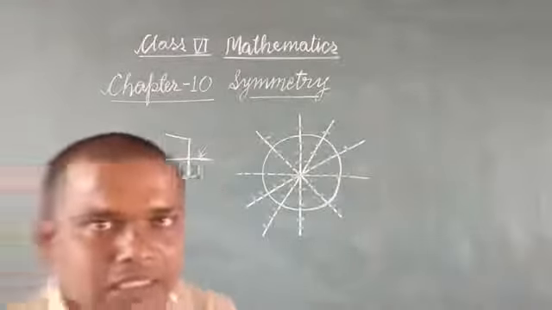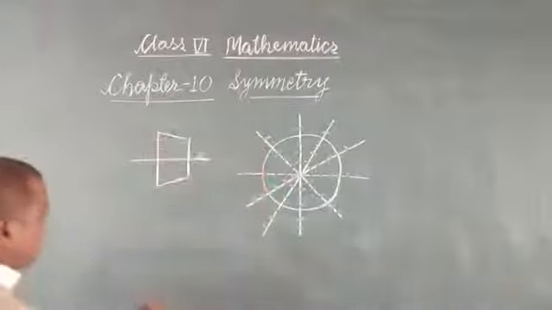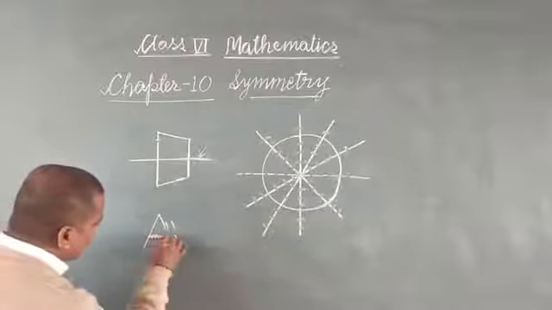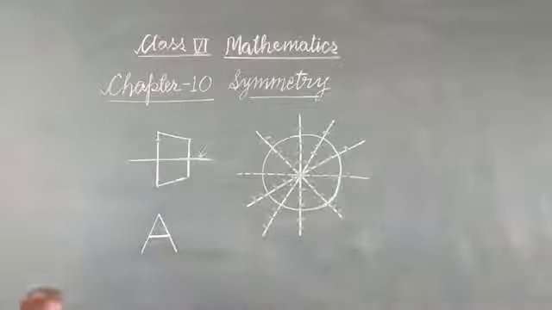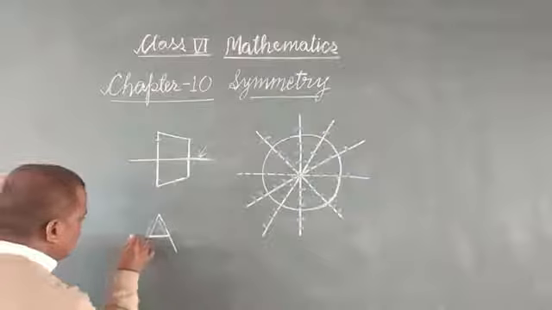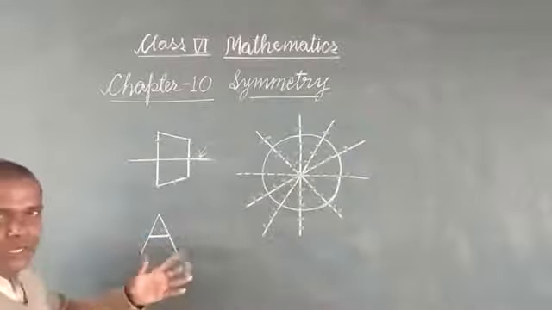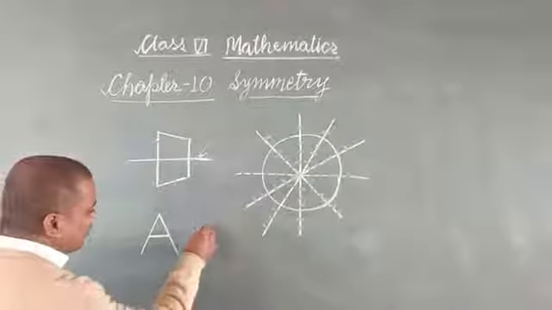Now I am coming to alphabets. So A, how do we write it? We write A like this. Is there any line of symmetry? You see, if we draw by this, this half and this half are different from each other, so there is no line of symmetry.